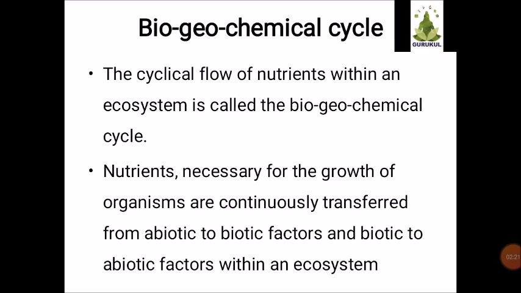Suppose you are not drinking water for a long time, what will happen? We are living things and water is a non-living thing, but we human beings have to depend upon non-living things. In the same way, the biotic factors are dependent on the abiotic components within an ecosystem.